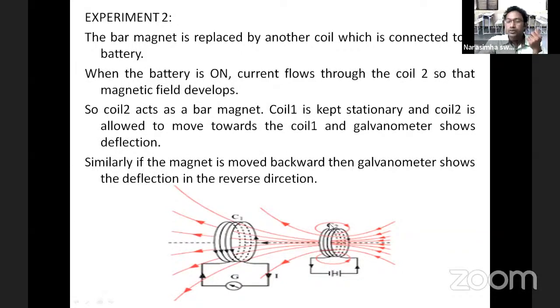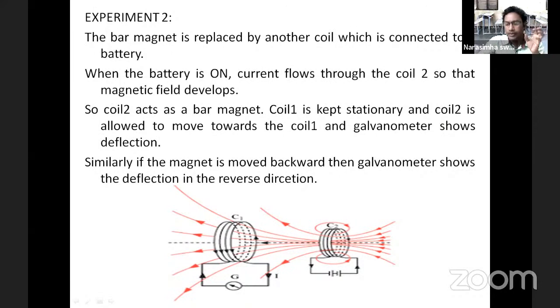In the place of the bar magnet, we take coil 2, which is connected to the battery, so it behaves as a bar magnet. The bar magnet we used to move in the first experiment, now we are making it move with this coil 2.